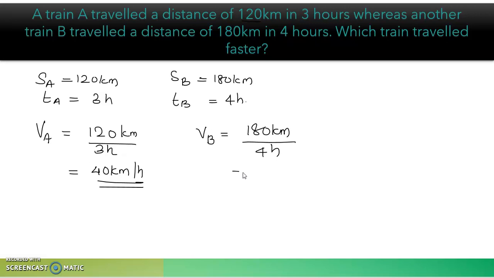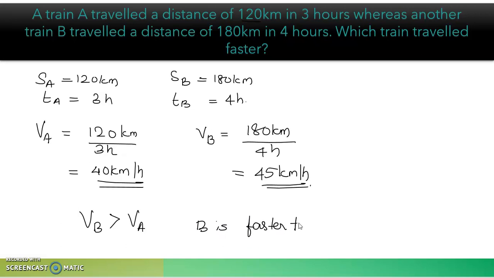Once you solve this, you will get the value as 45 kilometer per hour. So speed of A is 40 kilometer per hour, speed of B is 45 kilometer per hour. So who is faster here? The train B, right? Speed of B is greater than speed of train A. So B is faster than A. This is how we calculate it.